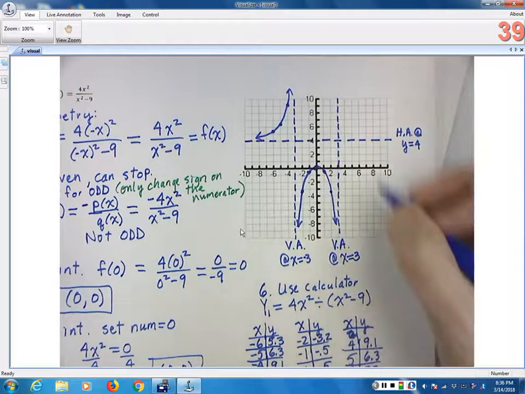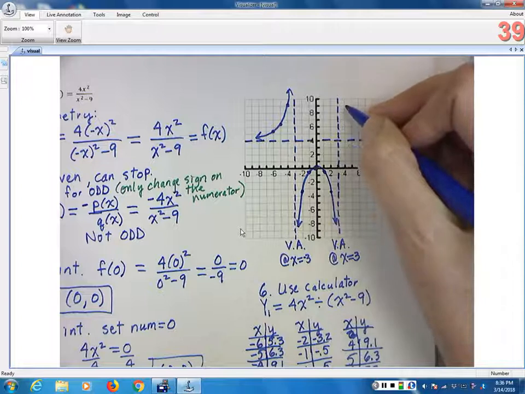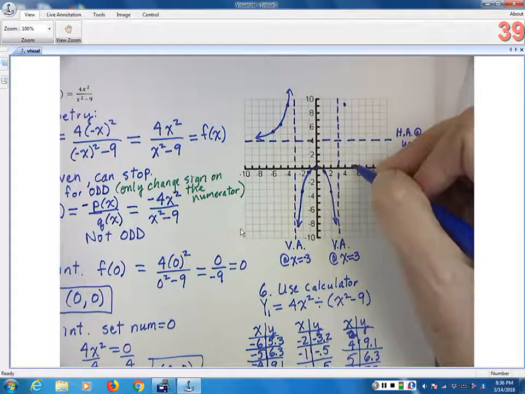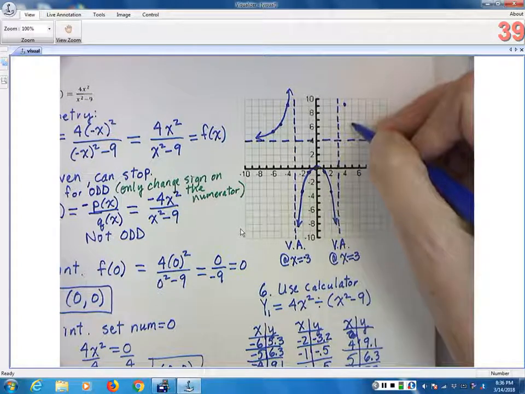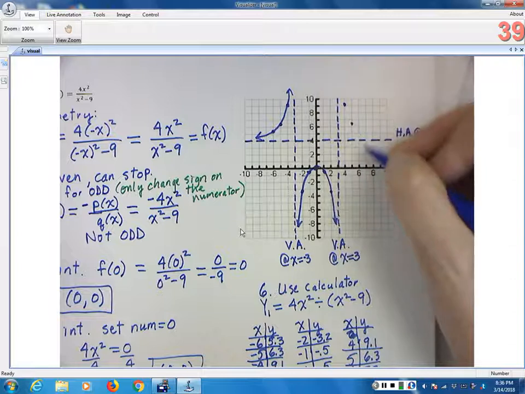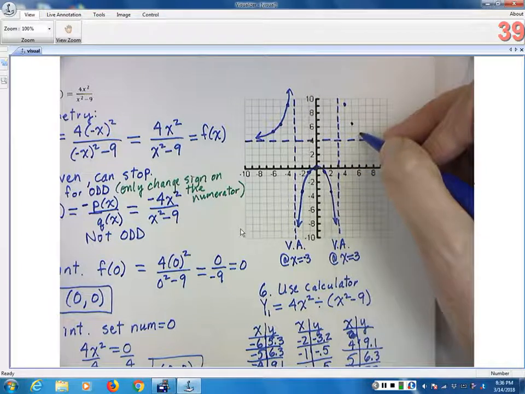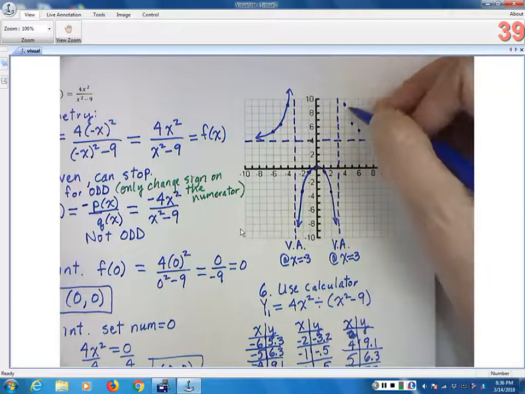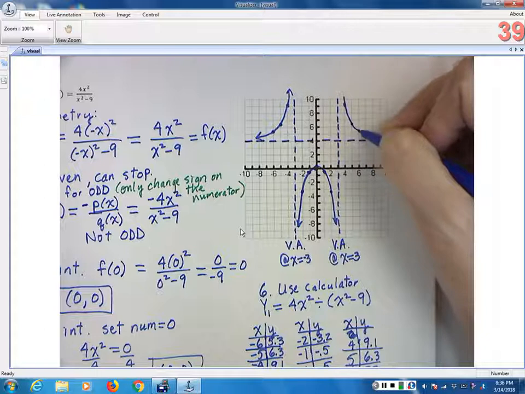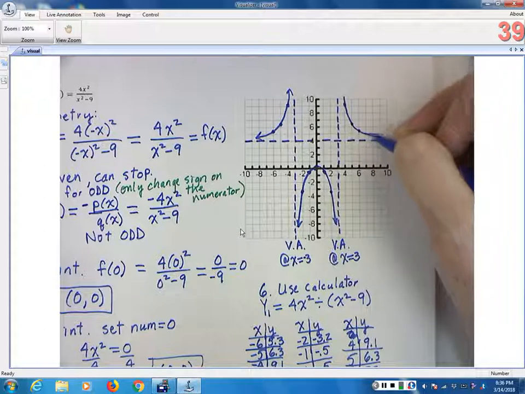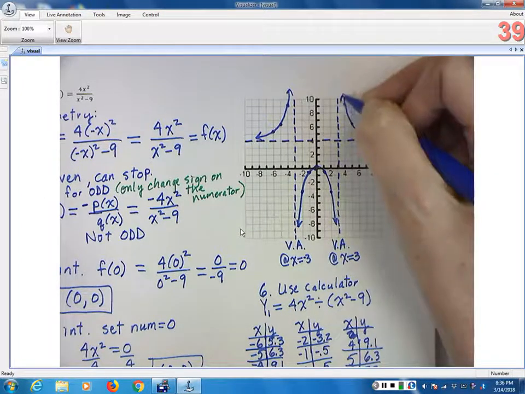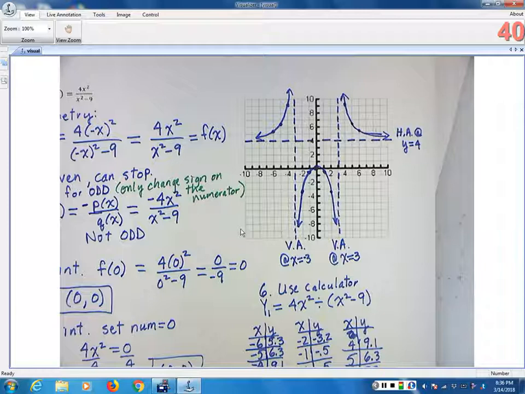And then at 4, it's at 9.1. At 5, it's at 6.3. At 6, it's at 5.3. Alright, and that's the graph. Everything's labeled. We can look in our calculator.